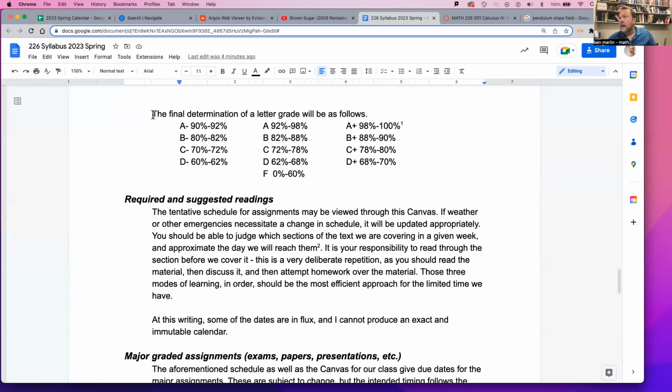Your grades, I don't do anything imaginative with these: 90, 80, 70, 60. I have discussions sometimes with other faculty who use different grading systems. In particular, I had somebody say to me that they used the entire 0 to 100%.